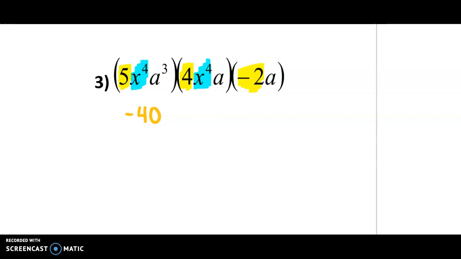So that is going to become, add those exponents, 4 and 4, so x to the 8th. Then I have a to the 3rd, a, and a. Both of those a's are being raised to the first power. Same bases, so I add the exponents if I'm multiplying. 3 plus 1 is 4, plus 1 is 5. So a to the 5th. So my final answer would be negative 40, x to the 8th, a to the 5th.